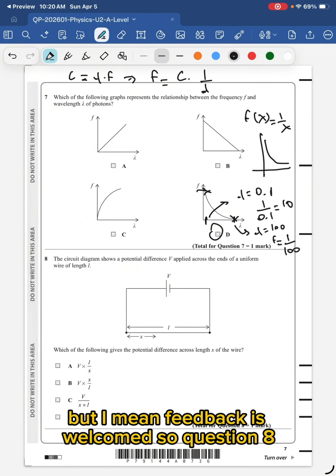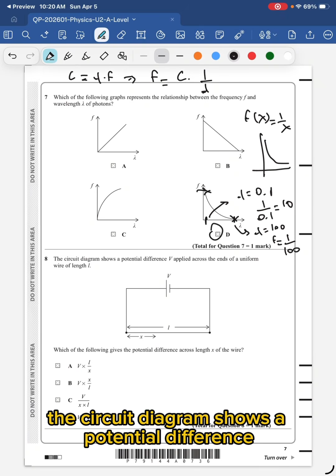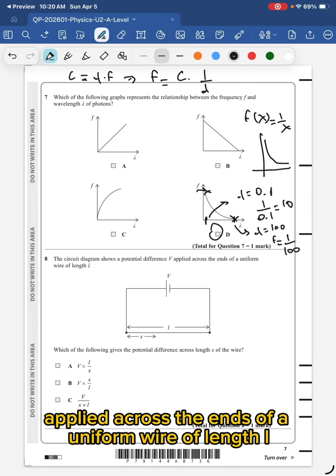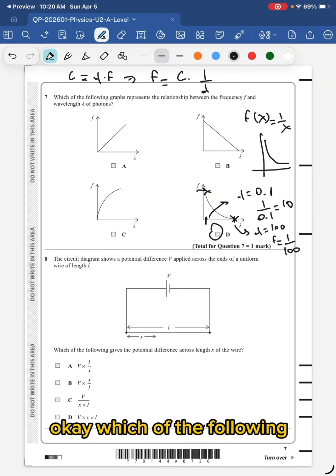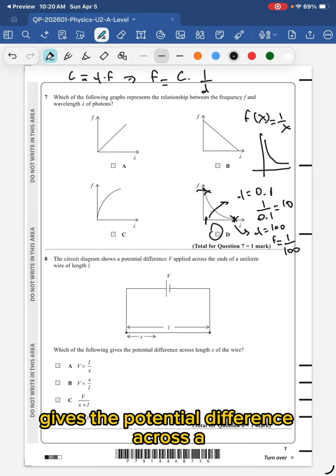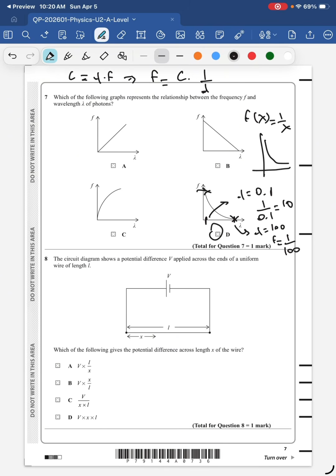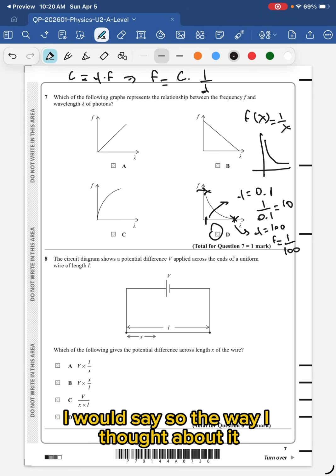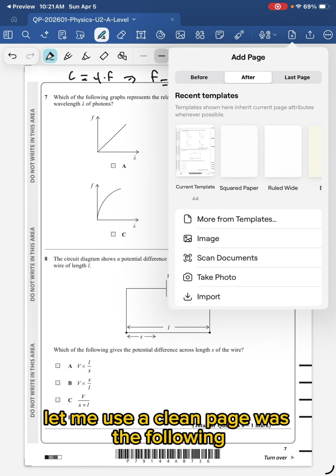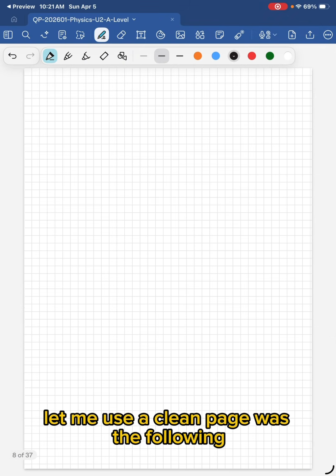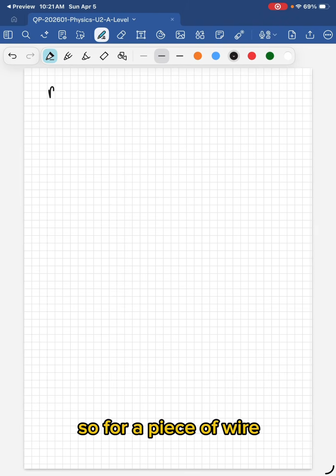So question 8. The circuit diagram shows a potential difference V applied across the ends of a uniform wire of length L. Which of the following gives the potential difference across length x of the wire? This one gave a little bit of trouble, I would say. So the way I thought about it, let me use a clean page, was the following.